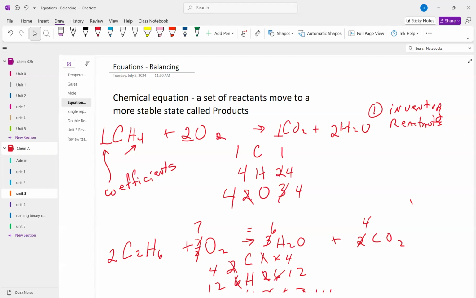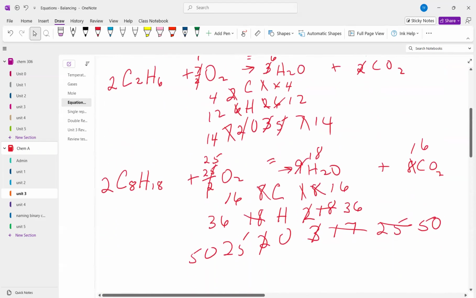Now, let's look at gasoline. Gasoline is a mixture of a bunch of stuff. It's mostly octane. So for 2 moles, we have 25 moles of oxygen.